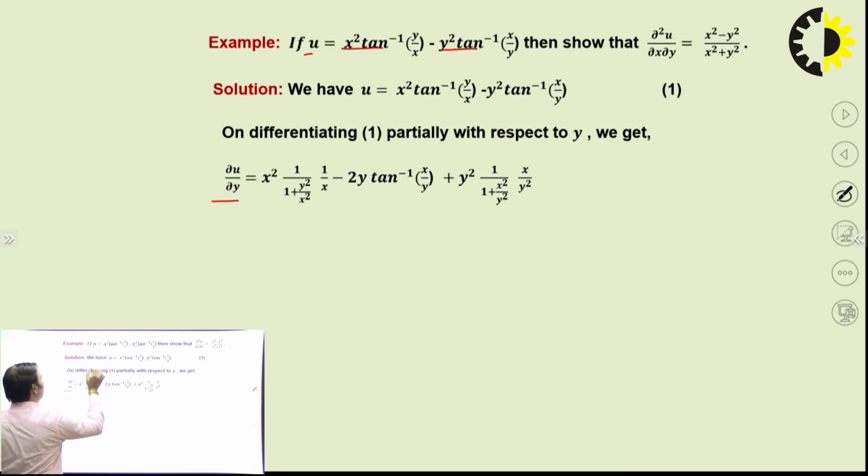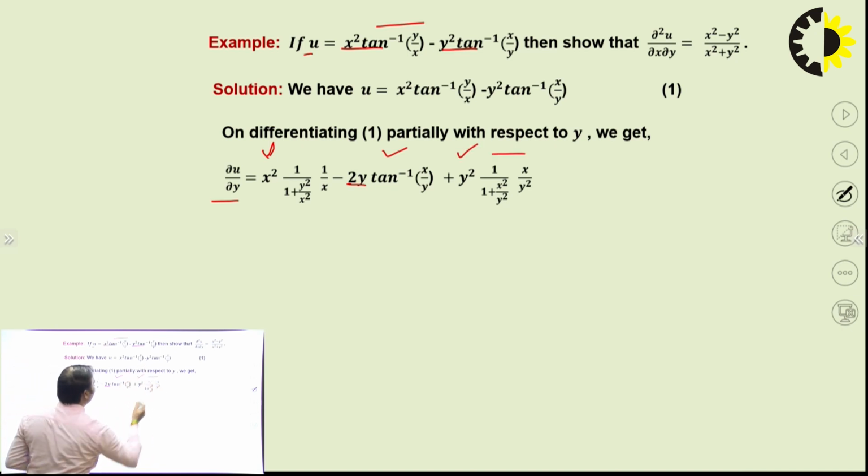So in case of x square, it must be the same, and I need to take the differentiation of tan inverse y by x. It is 1 upon 1 plus x square plus y square into 1 upon x. Similarly, student, I need to take the differentiation of y square, which is 2y. This time my tan inverse x by y remains the same. Then I need to take the y square same, and then the differentiation of x, tan inverse x by y.